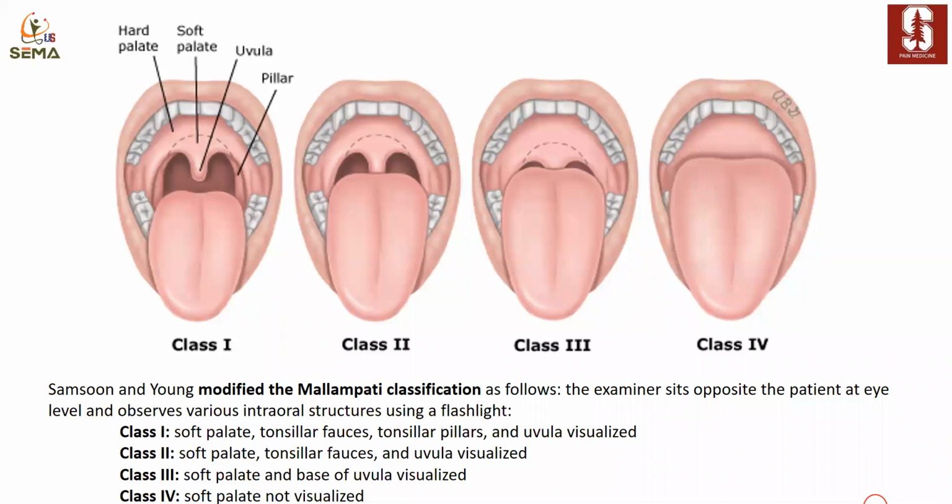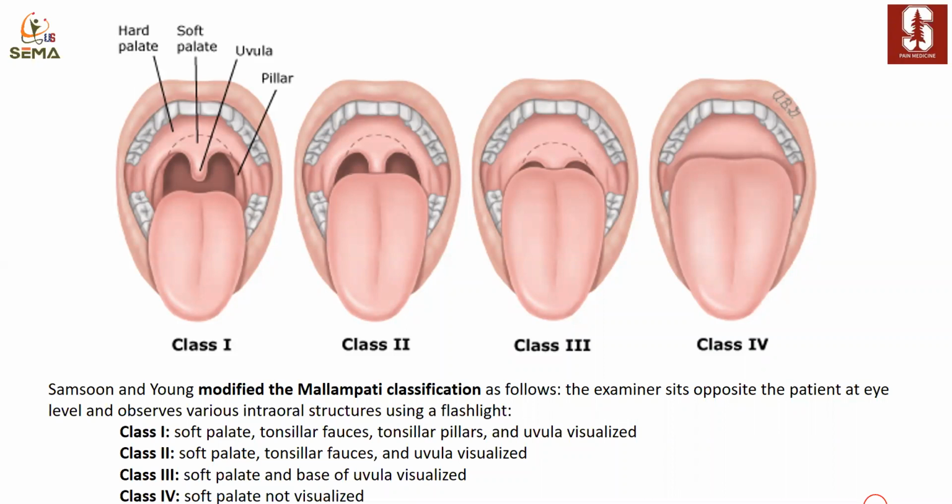Okay, so going to Mallampati. I think Mallampati probably is the most widely used, despite its not great specificity, and I'm going to mention that in the next few slides. It gets modified and people added class 0 to it, but this is what is commonly used, class 1, 2, 3, 4.